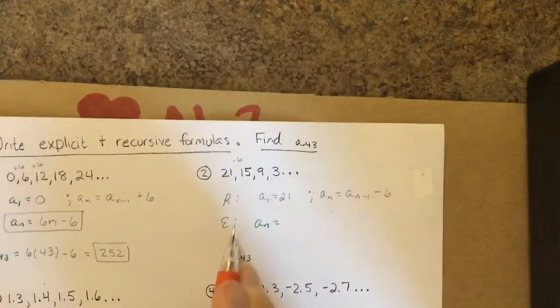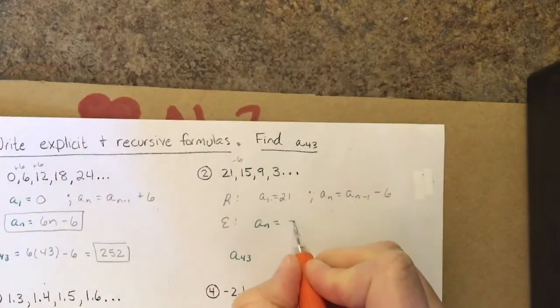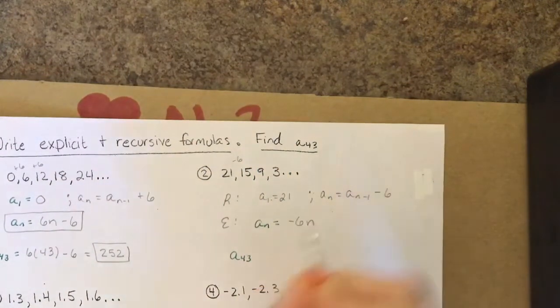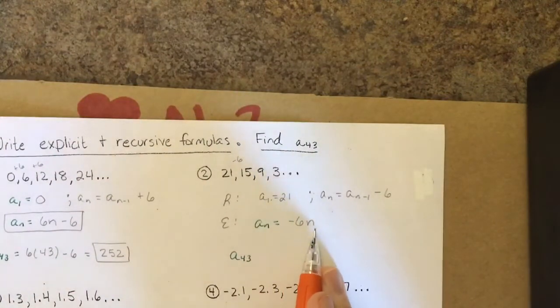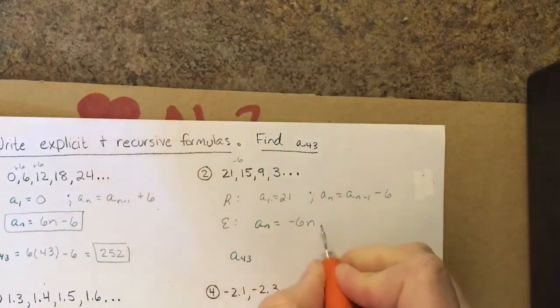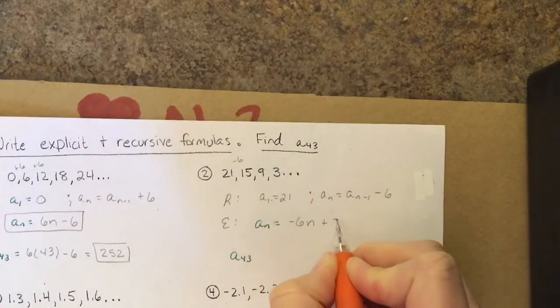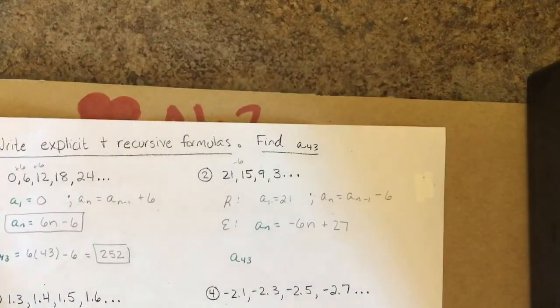Explicit formula: you take the common difference, negative 6 times n. Then I've got to add quite a bit to get up to 21. Negative 6 times 1 is negative 6, and then I would need to add 27 to get up to 21.